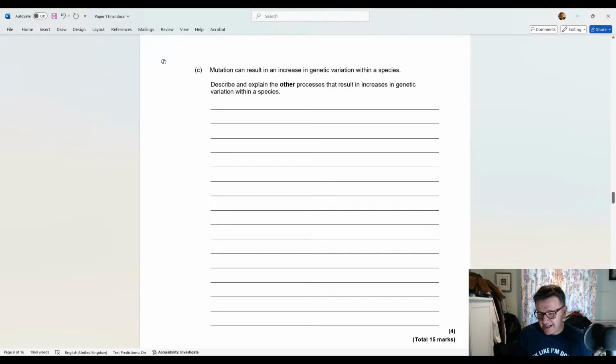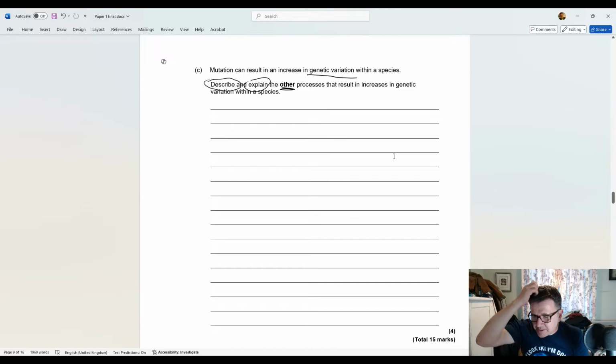Right, here we go. Describe and explain. Mutation results in an increase in genetic variation. Describe and explain the other processes that result. In the previous question it was talking about another process, but I'm not going to talk about that.